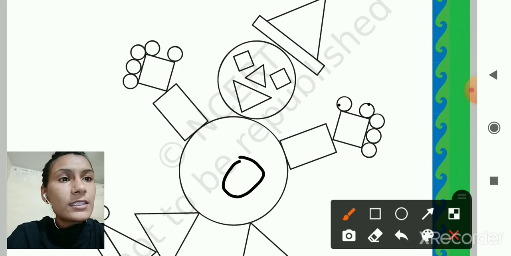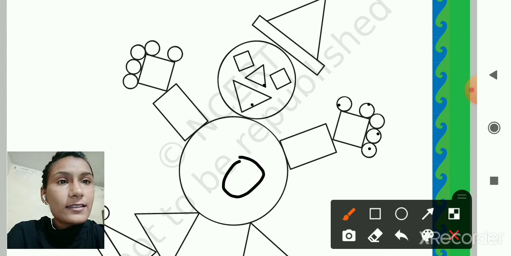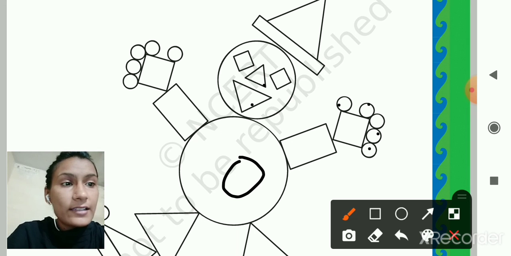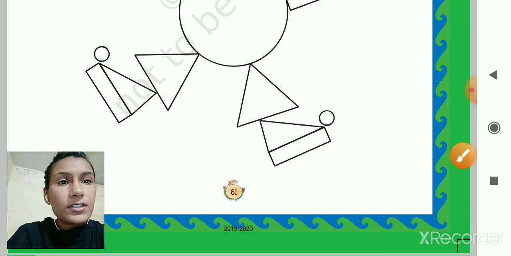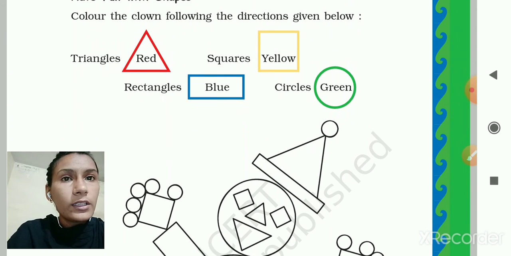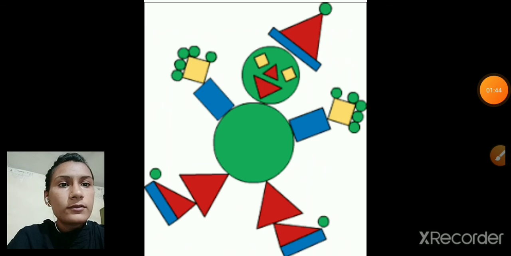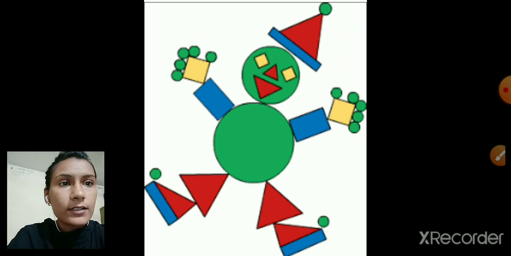So you can see these circles, this triangle, these squares, then rectangles. You can see these different types of shapes in this clown. So if you color the clown, it will look like this. See this clown. If you color the clown, it will look like this. So this is your homework.